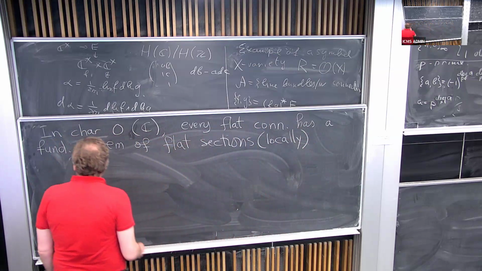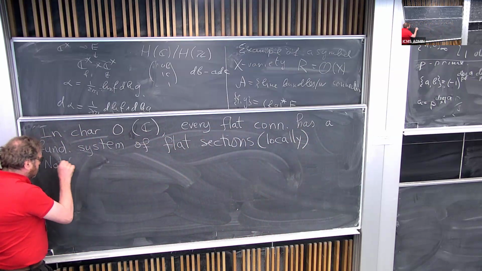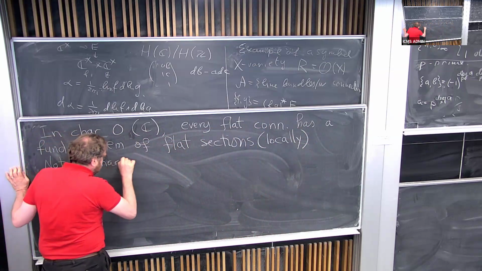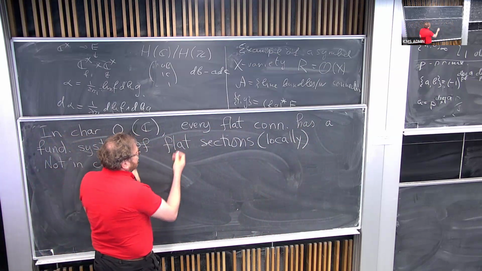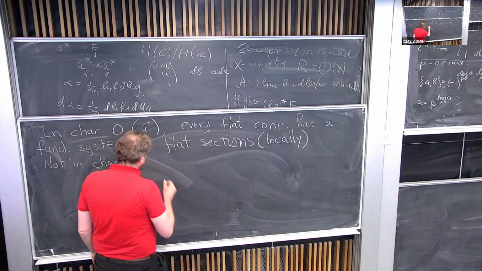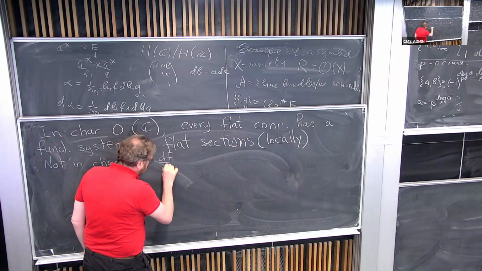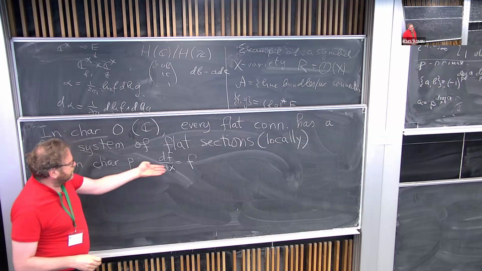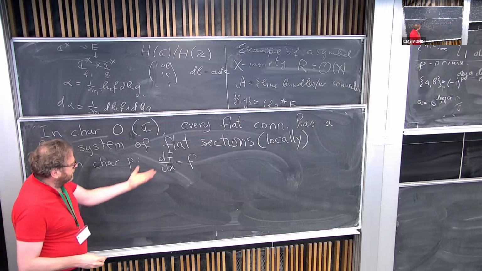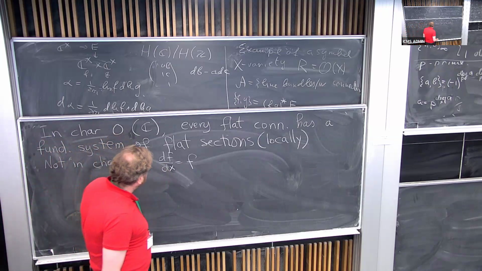But in characteristic p, it's not true. So for example, I can consider an equation in one variable, in which case the flatness condition is vacuous. So df over dx equals f. This equation is the simplest kind of differential equation that you can write.